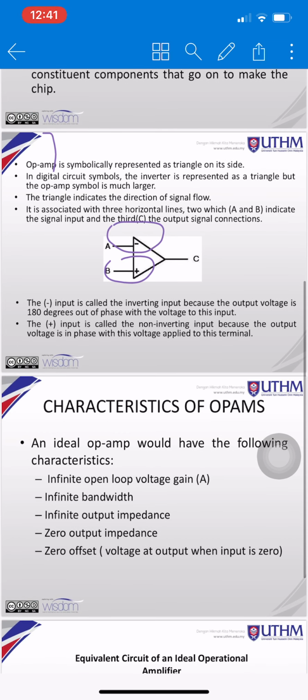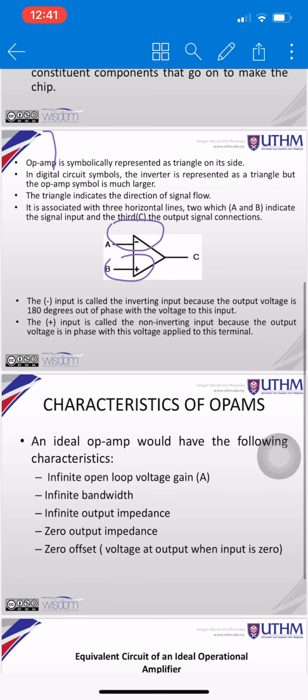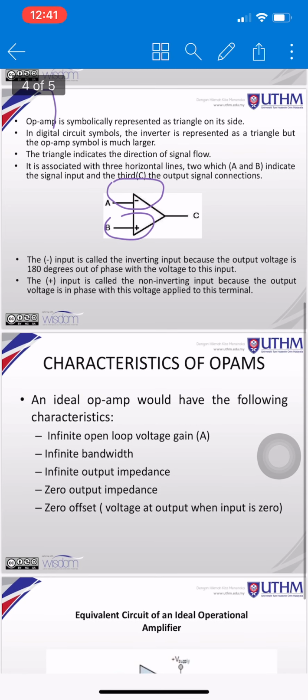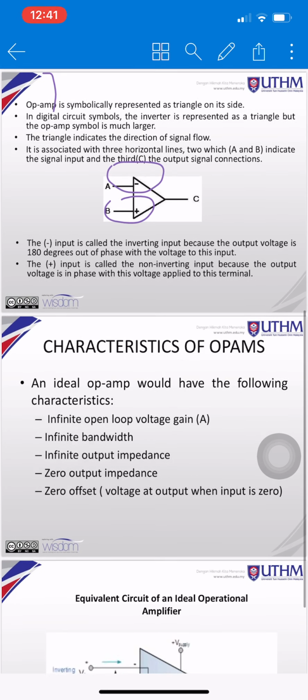The open loop gain is the gain of the op-amp without positive or negative feedback, and for an ideal amplifier the gain will be infinite, but in a real op-amp the gain is in the range of 20,000 to 200,000.